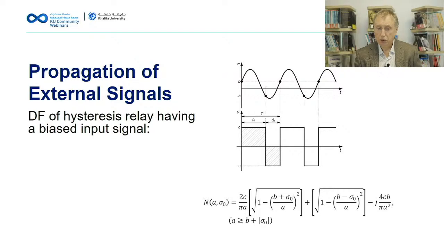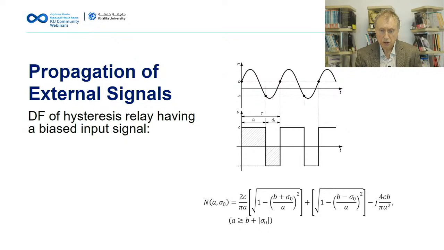As before, we can find the describing function, even for a biased sinusoid. And this figure illustrates the propagation of the sinusoid through a hysteresis relay. So we have switches of the relay when sigma crosses the values of minus b and b, where b is the value of the hysteresis.